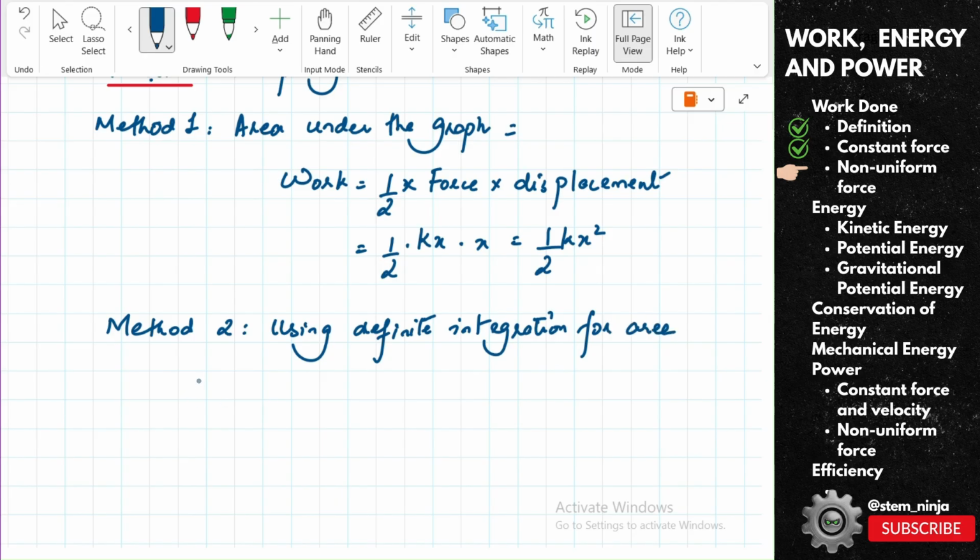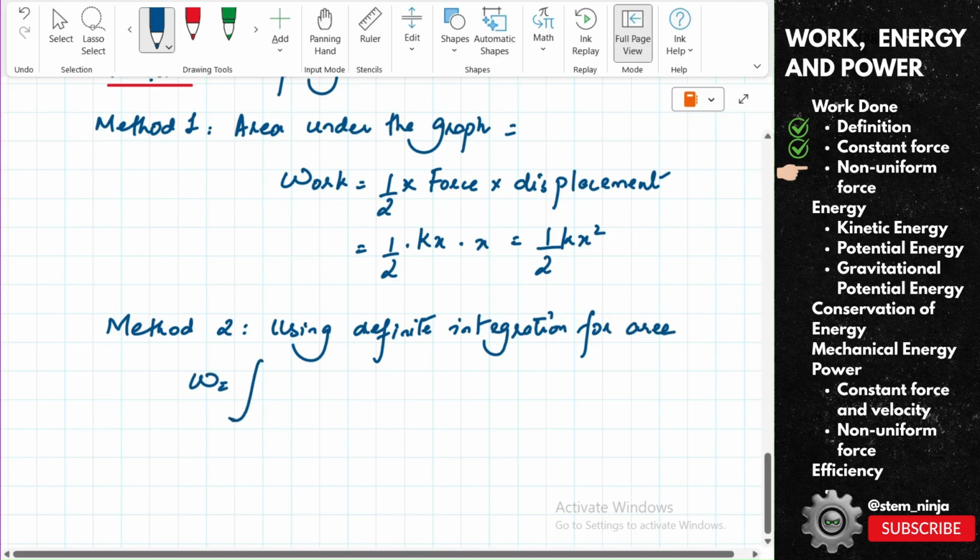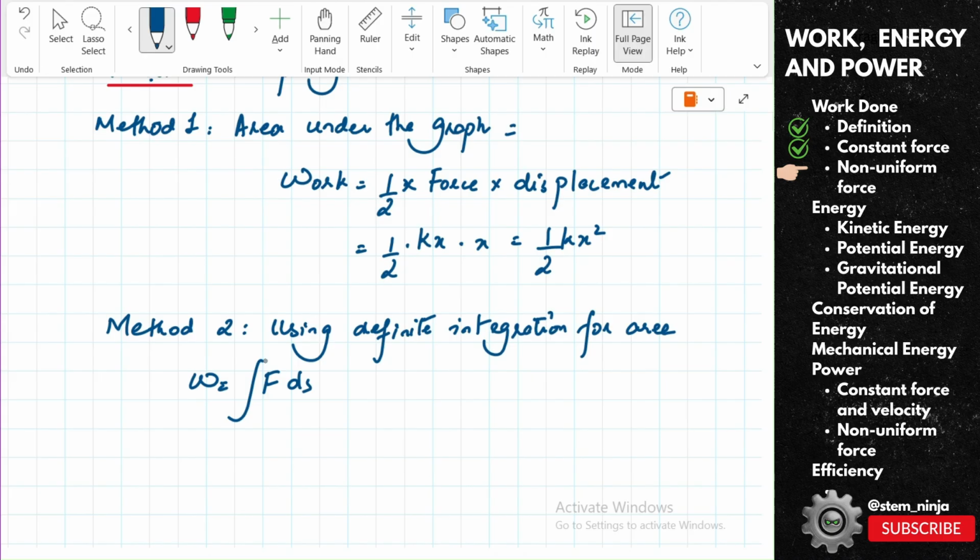This is a more generalized expression, because it can be used for anything, for example, the integral of F dx. This can now be applied even for the constant one, the straight line one, for anything, if you know how to use integration. Most of you are probably doing maths A-levels, so you would already be doing this.